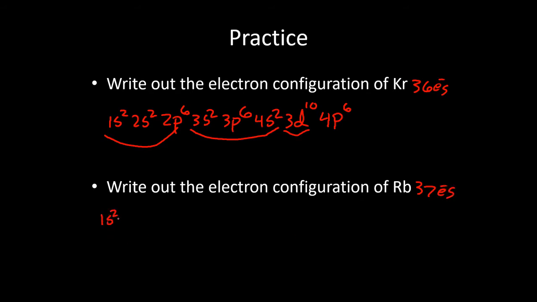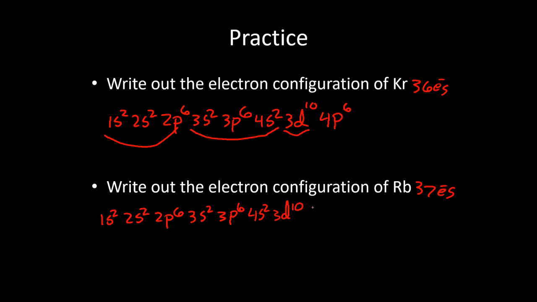Start with 1s, which can hold 2. 2s can hold 2. 2p can hold 6 electrons. 3s can hold 2. 3p can hold 6. Again, this is where it gets a little mixed up. 3d does not come after 3p. 4s comes after 3p. 3d is after that, which can hold 10.